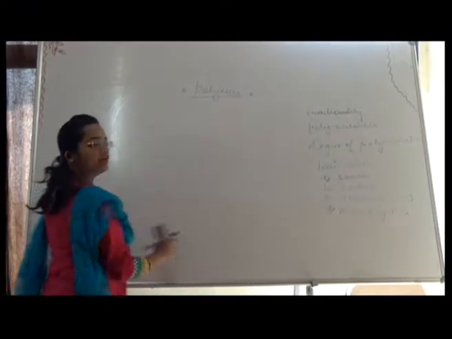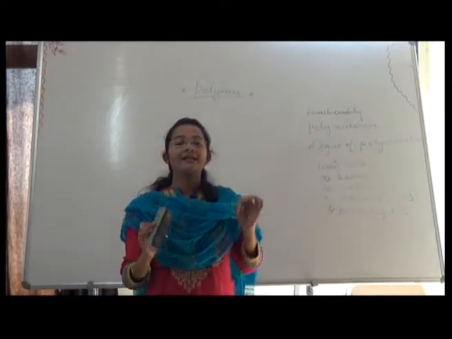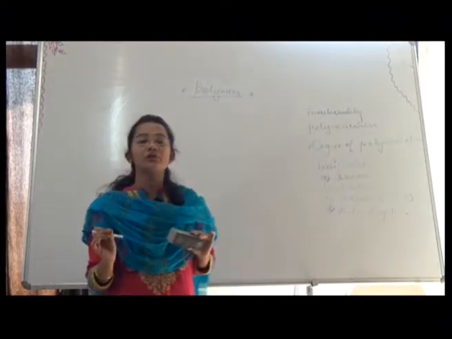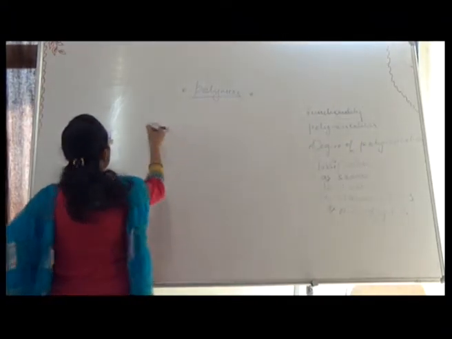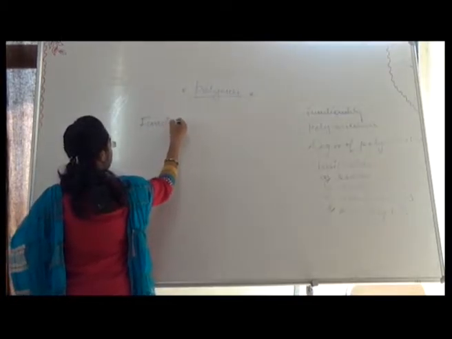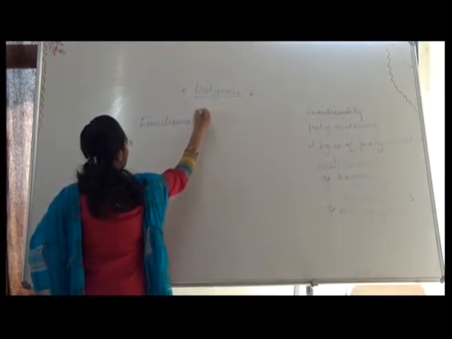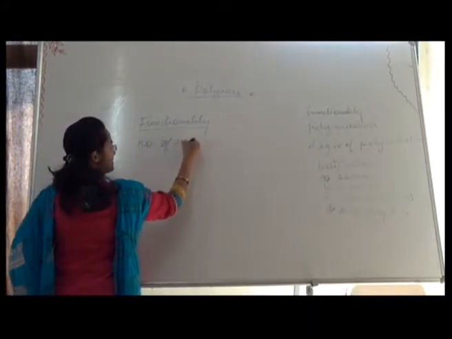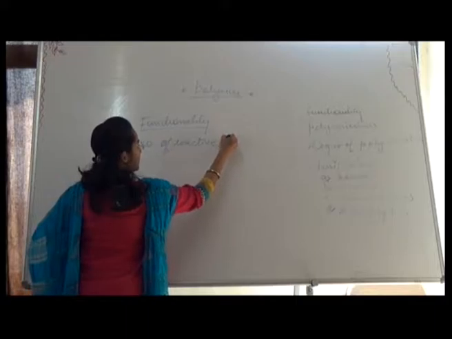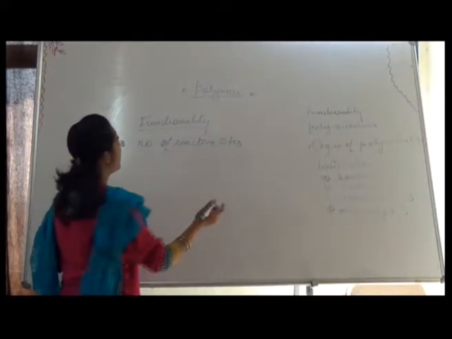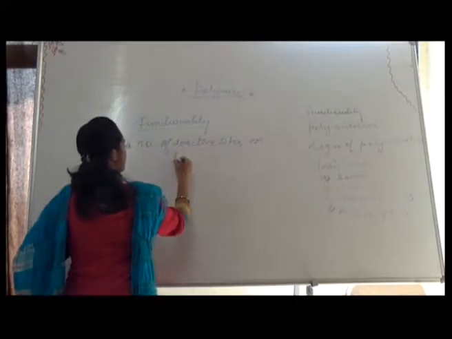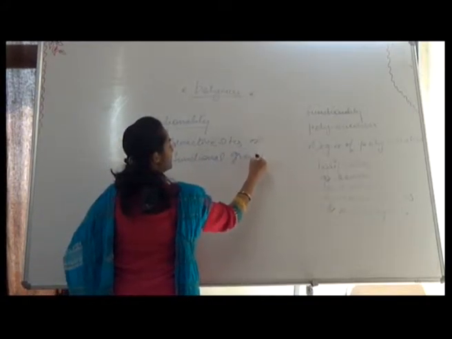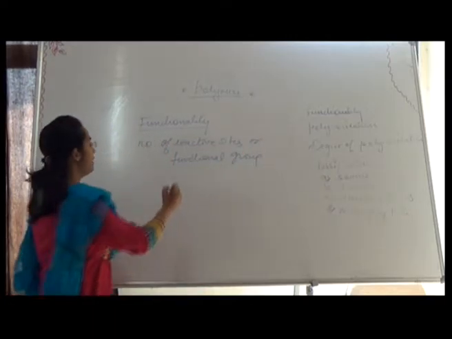So, the next part is functionality. Now, we can define the functionality as the reactive sites or the functional groups present in a monomer. So, functionality is the number of reactive sites or functional groups in a typical monomer.